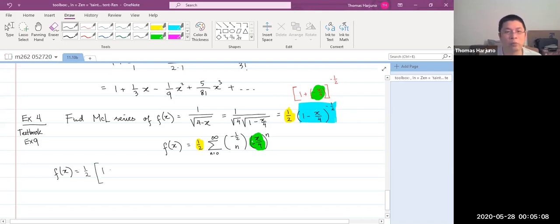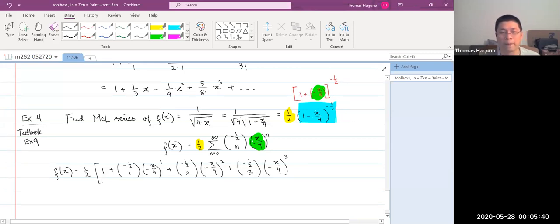And then the second term will be plus negative 1/2 choose 1, negative x over 4 to the 1, plus negative 1/2 choose 2, negative x over 4 squared, plus negative 1/2 choose 3, negative x over 4 cubed. How many terms here? 4 terms. One more. Negative 1/2 choose 4, negative x over 4 to the power of 4, and keep on going.